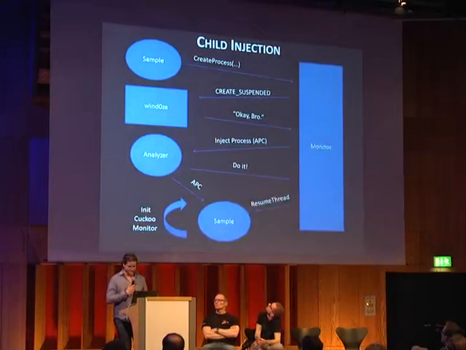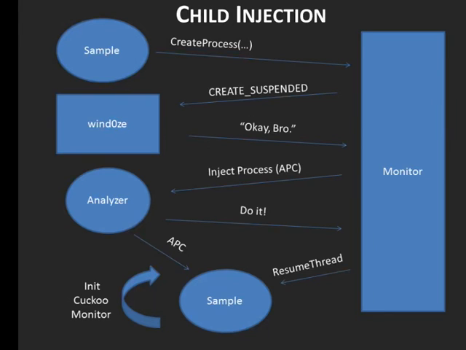Okay, and this is the child injection. We hook an API called create process, and the create process function creates a new process, like the function name says. Whenever a sample creates a new process, for example, you have the run PE method, which is used by a lot of malware to decrypt their malware runtime and inject it into another process. When this happens, we intercept the create process function and we inject our DLL.